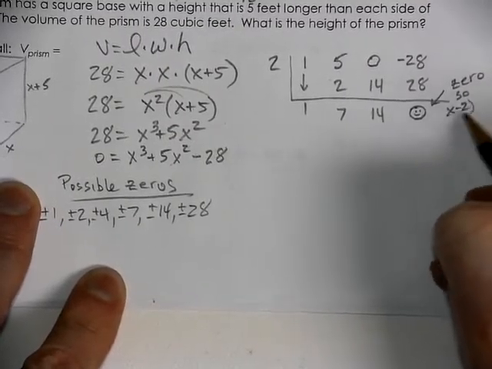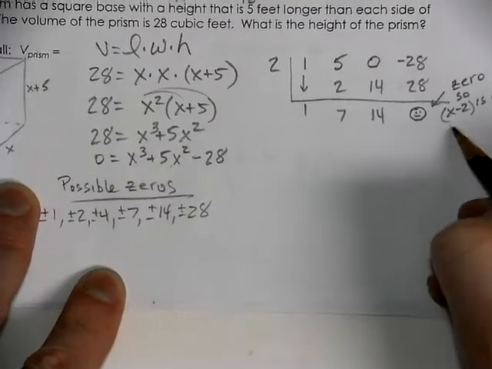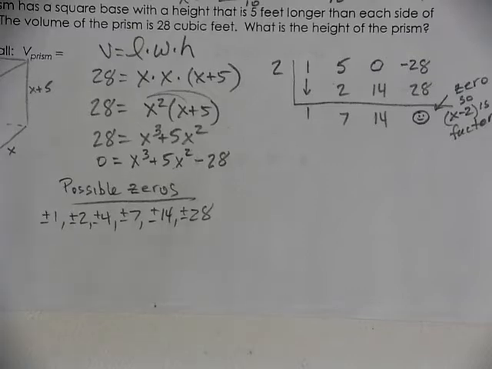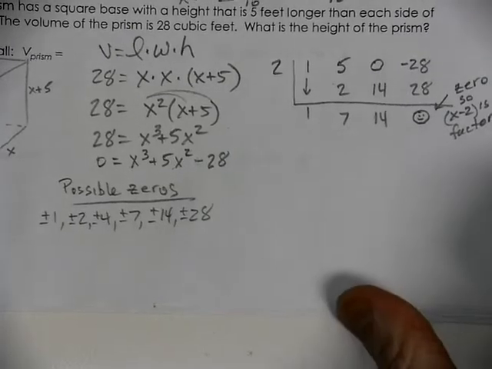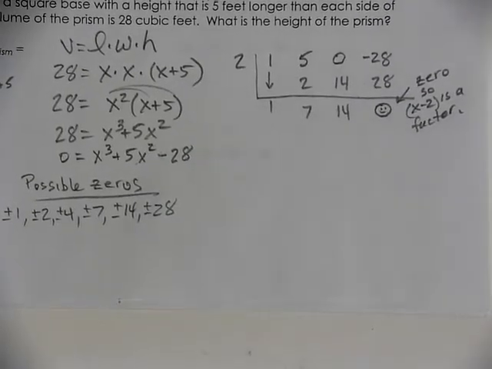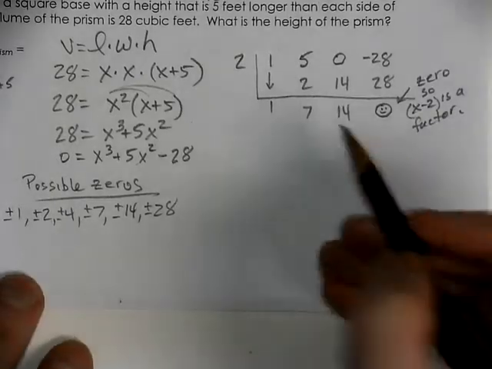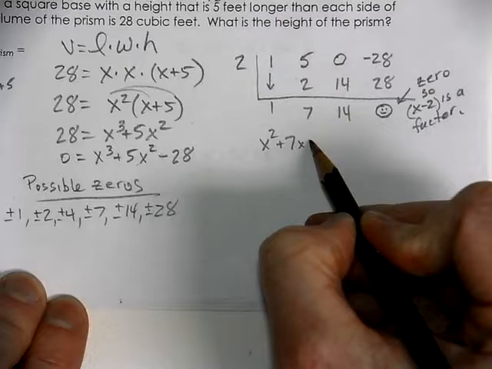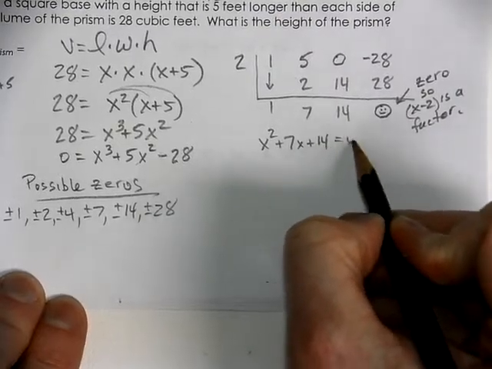So x minus 2 is a factor. So you might want to look at x squared plus 7x plus 14.